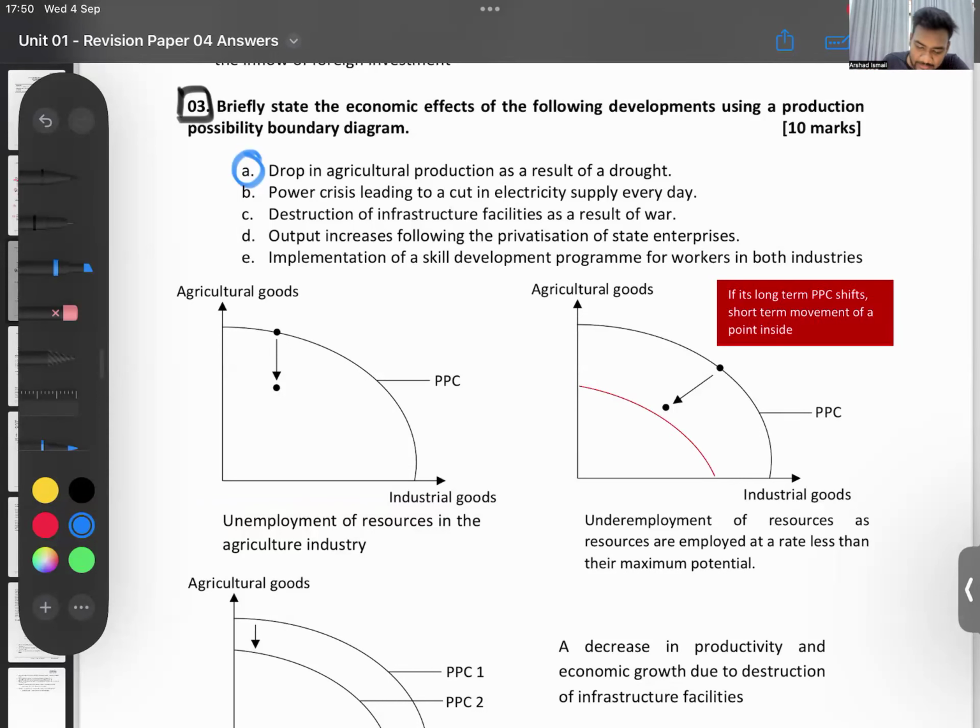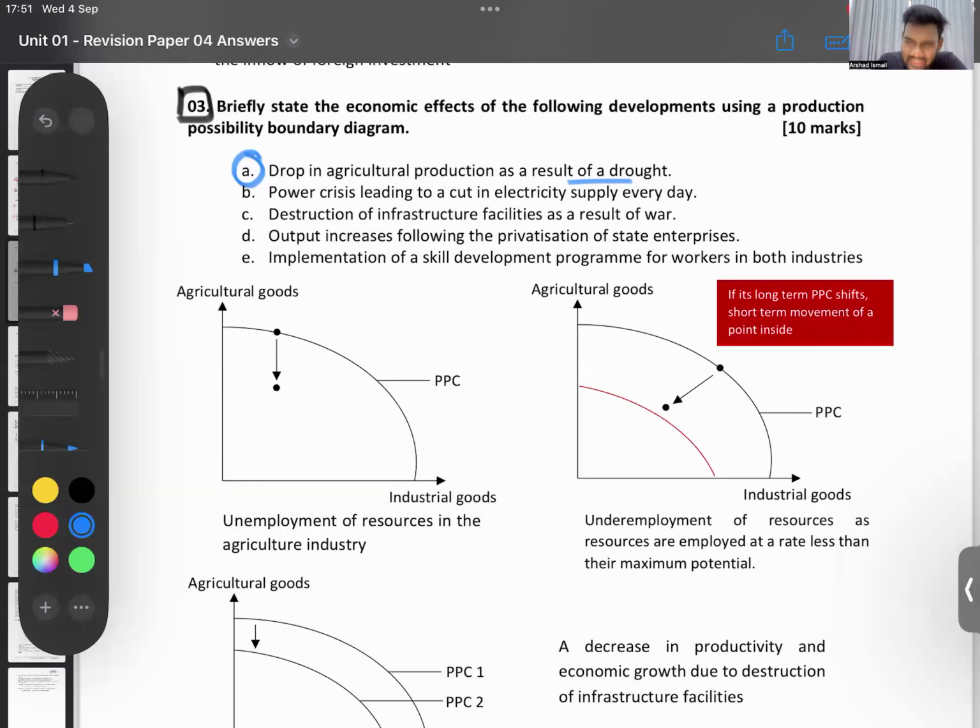So what has happened over here? Because of a drought, agriculture production has come down. So how can we show that on a PPC? Now these droughts are not permanent things. When there is a drought, I don't think you can shift the PPC. If it's a very long-term thing, and let's say the land gets destroyed, then you can shift the PPC inward.